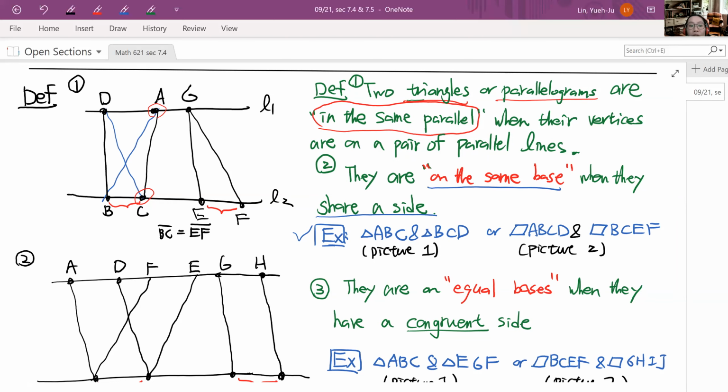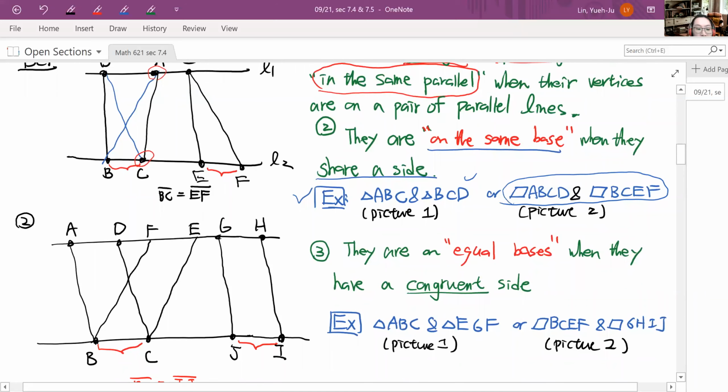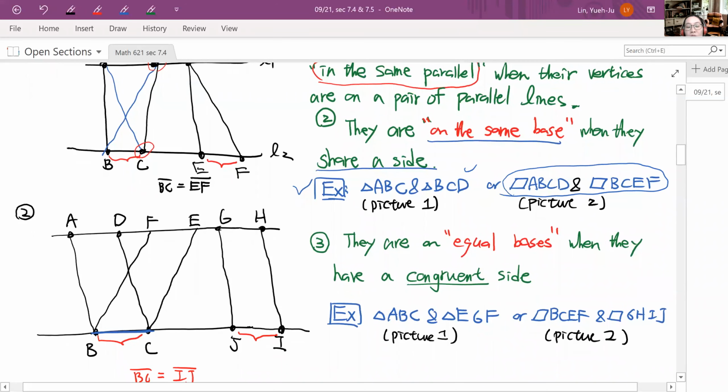We can also see this with parallelograms. Parallelogram ABCD and parallelogram BCEF also share the same side, the base BC. So we say parallelograms ABCD and BCEF are on the same base.